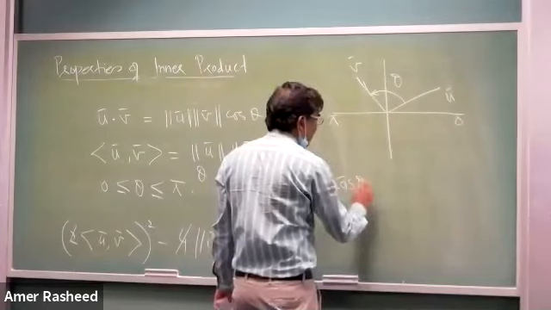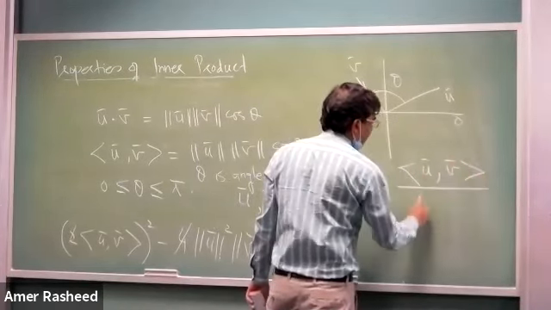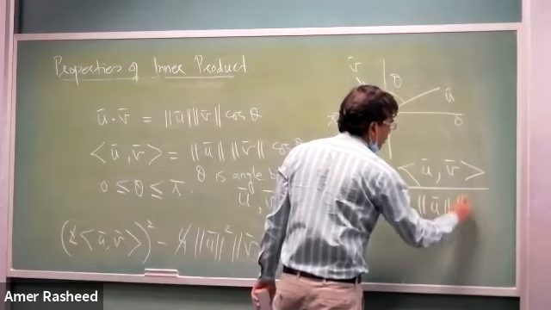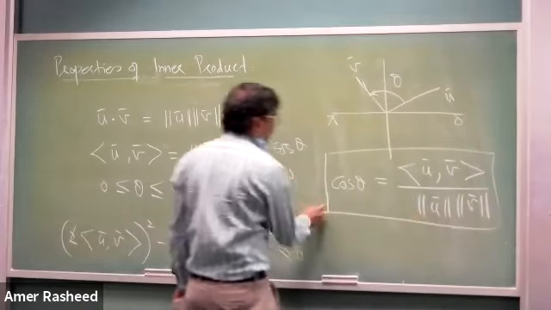Now, cos of theta can be written as the inner product of u and v divided by norm of u into norm of v. This is how we define the angle between two vectors.